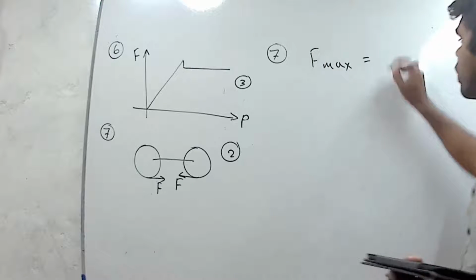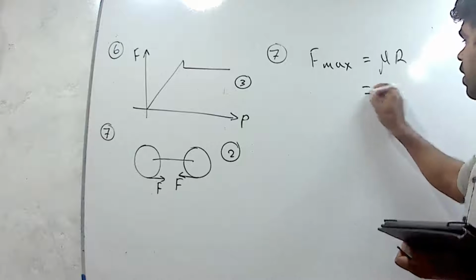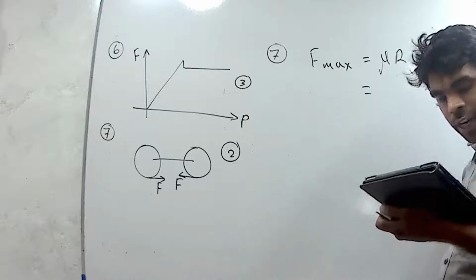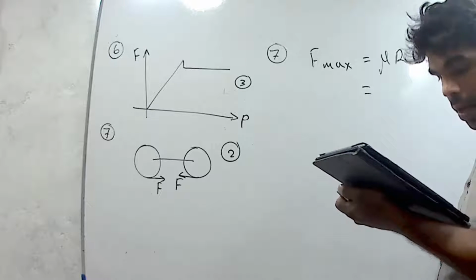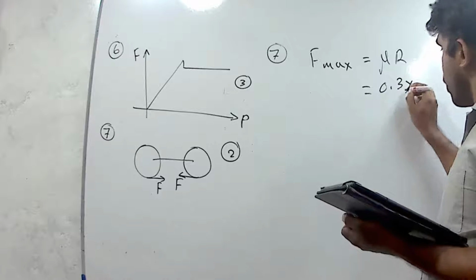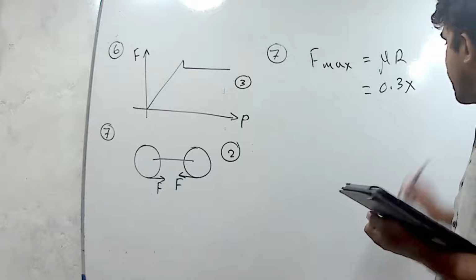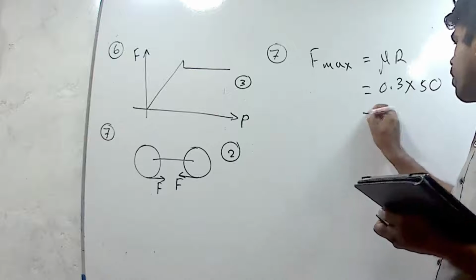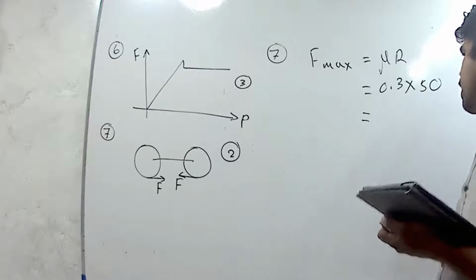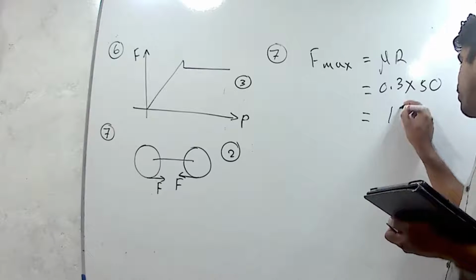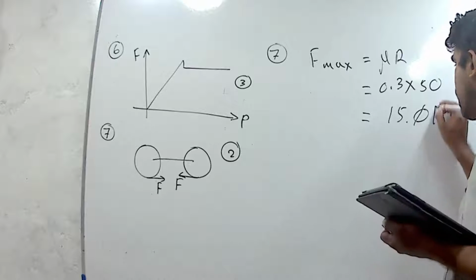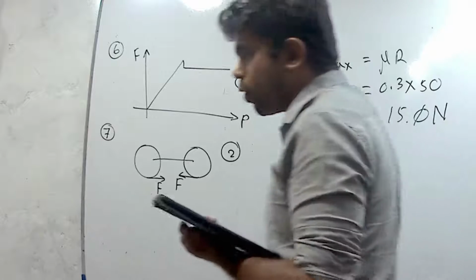We can calculate it by using mu R: mu is 0.3, weight is 50 since mass is 5 kilograms. 3 into 5 is 15, and we have to separate one decimal place, so it is 15 Newton. It is the maximum frictional force.